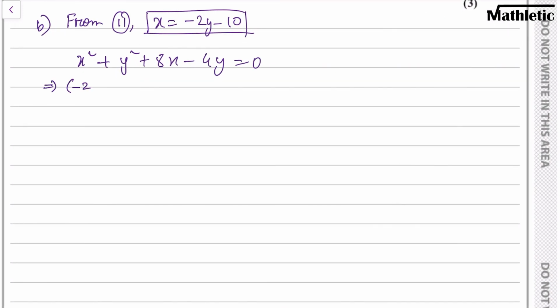So that's minus 2y minus 10 whole square, plus y square plus 8 into x, which is this one.